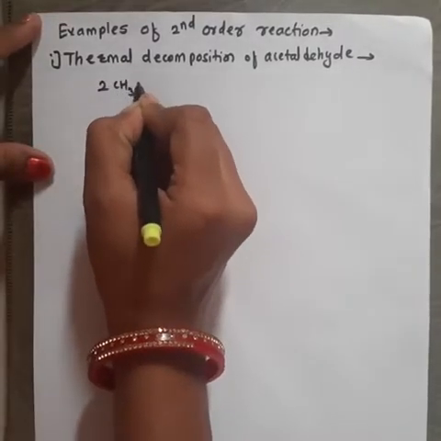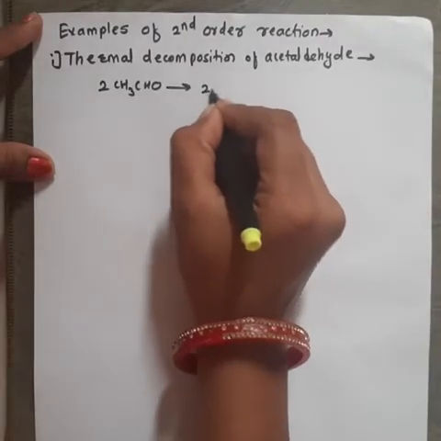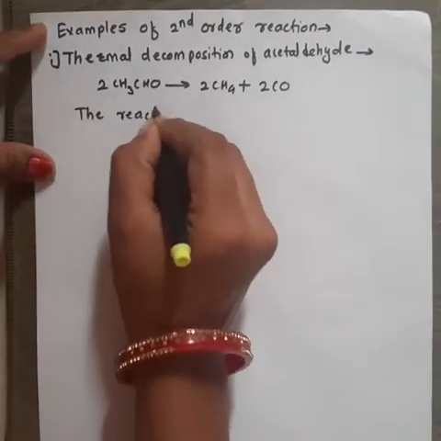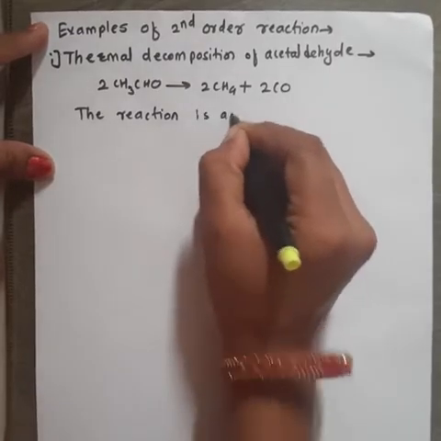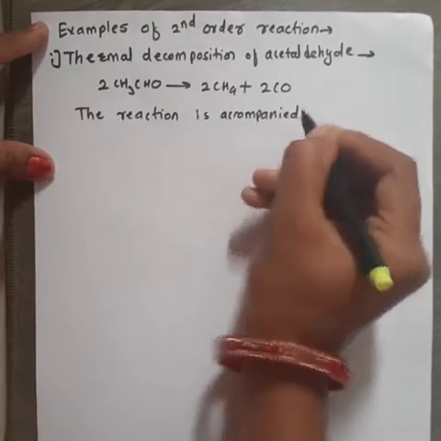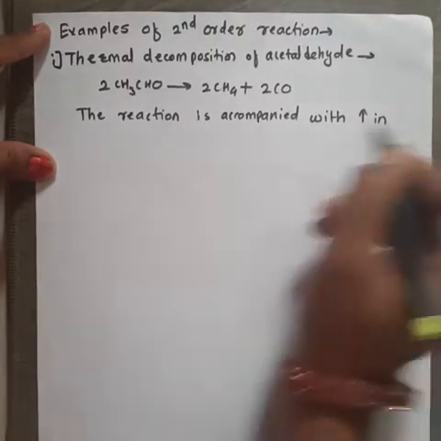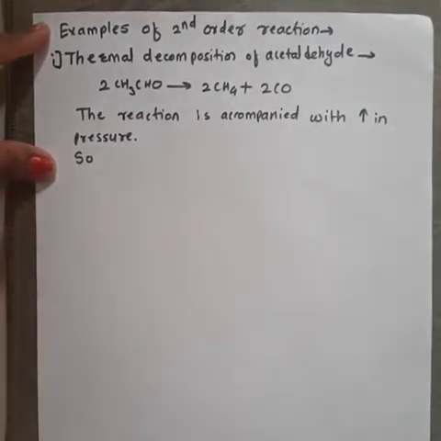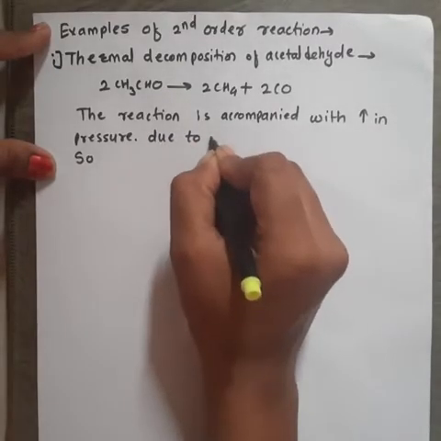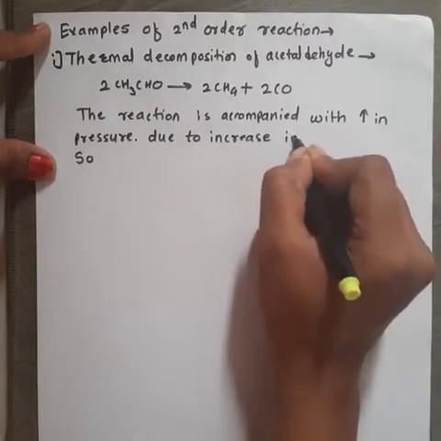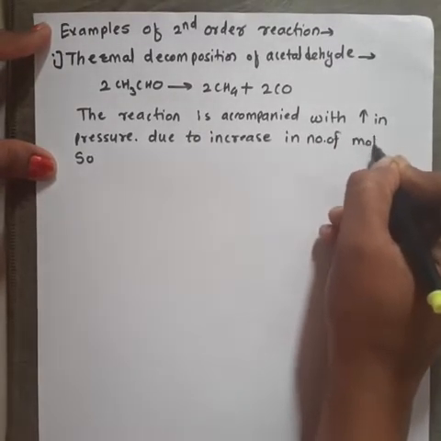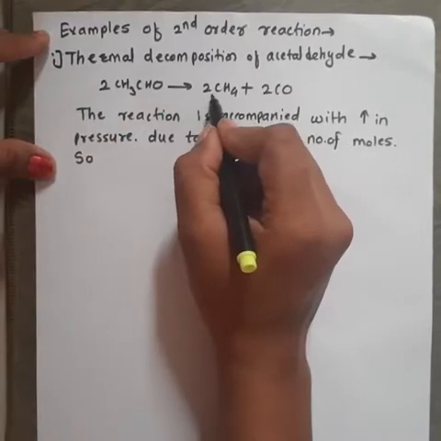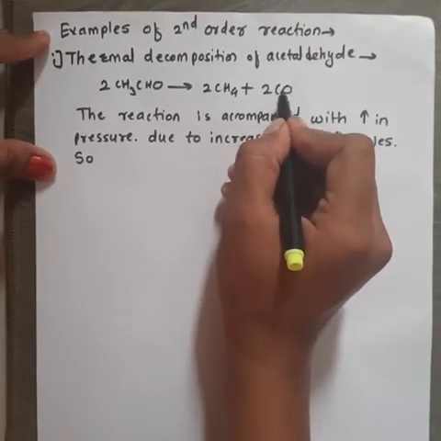So the reaction is 2 CH3CHO gives 2 CH4 plus 2 CO. This reaction is accompanied with increase in pressure, due to increase in number of moles, because here only two reactant molecules of acetaldehyde are present, but in the product two molecules of methane plus two molecules of carbon monoxide get formed.